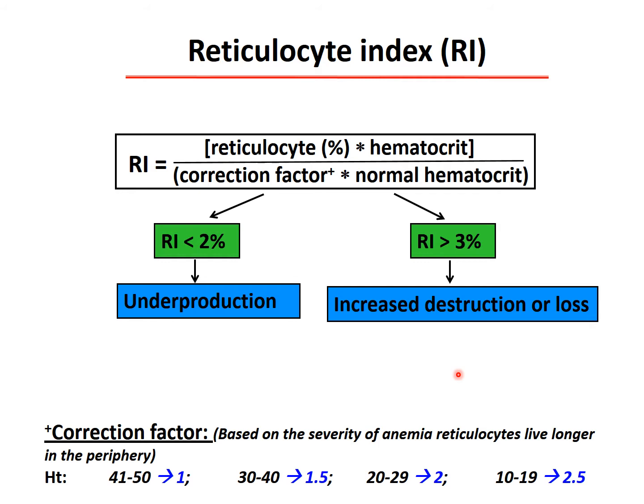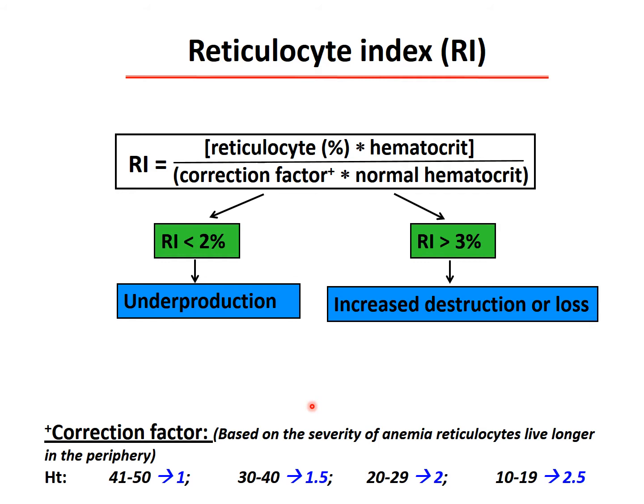Meaning that you don't need to wait for 7 days to form one reticulocyte. It's enough, for example, 5 days or 3 days. However, you can enter the cells earlier into the periphery, but the reticulocyte stays longer in the periphery, meaning that they're still undergoing some hemoglobin synthesis, so they are still undergoing enzyme synthesis.